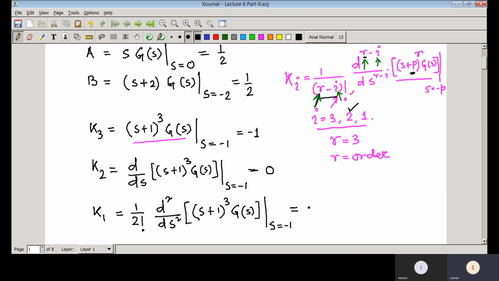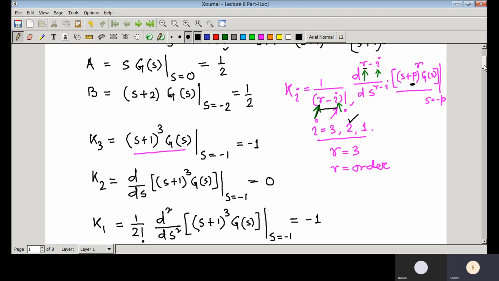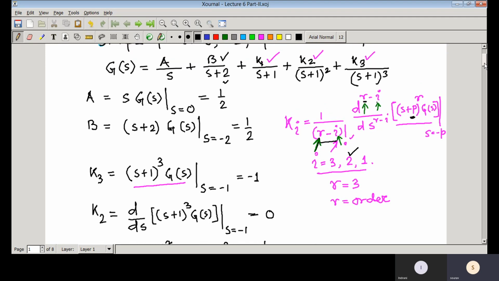So if you do that, you will get that value -1. So these are actually the coefficients that we have found applying that Heaviside formula, and you can see these things here.